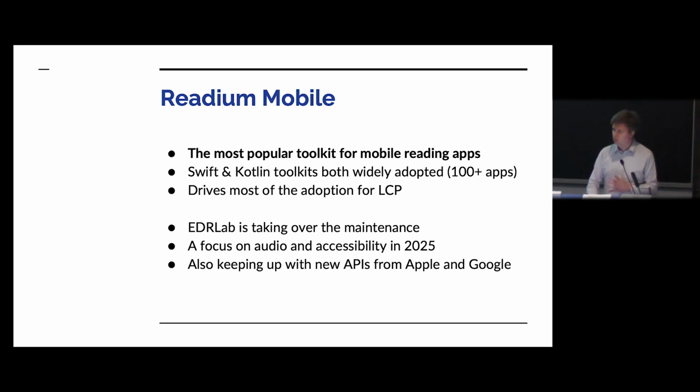So we're also looking at those things, and our intent is to always use the latest and greatest APIs made available. So I already mentioned accessibility. There are a lot of cool new accessibility features coming in those platforms.